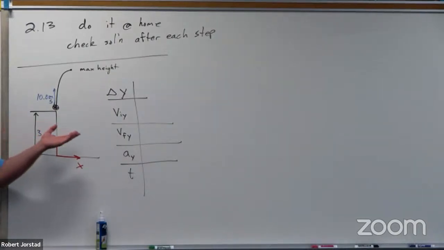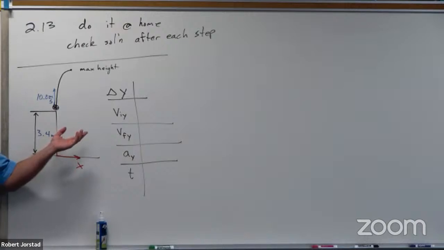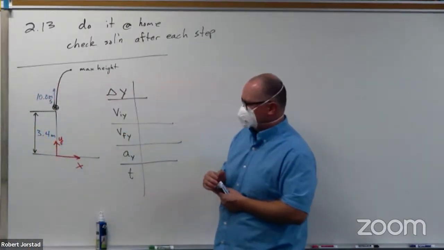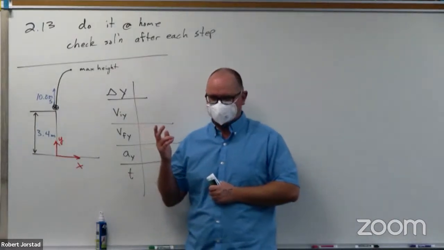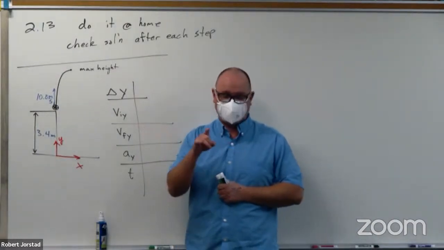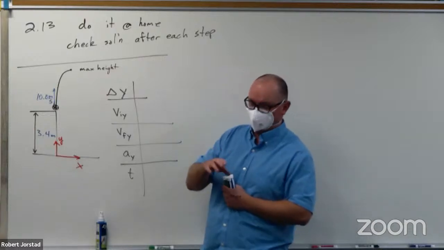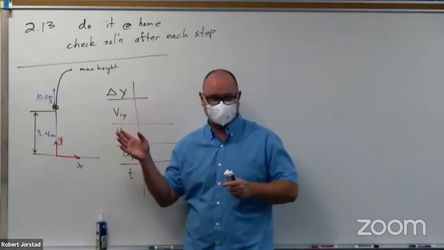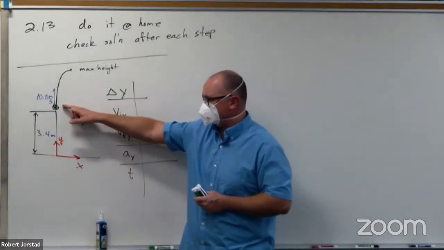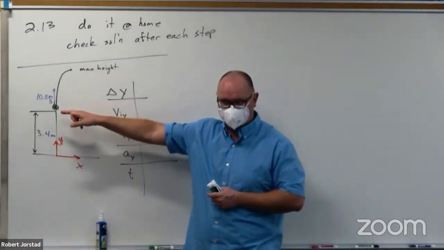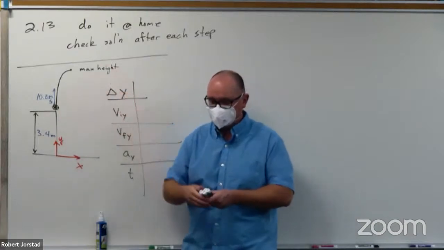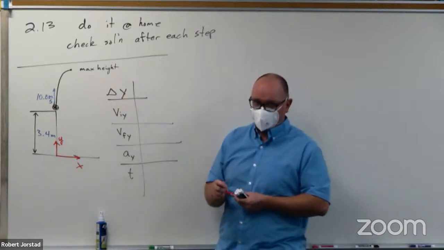Is this a free fall problem? Do you think we're going to ignore air resistance? Hint, the answer is yes for any test questions, because otherwise they're too hard and you have to code it. So we're going to assume air resistance is negligible. After I throw this ball up in the air, is there any force other than gravity? No.